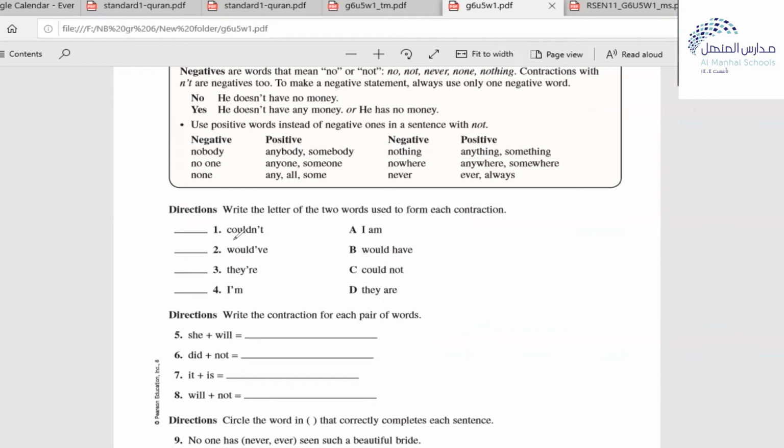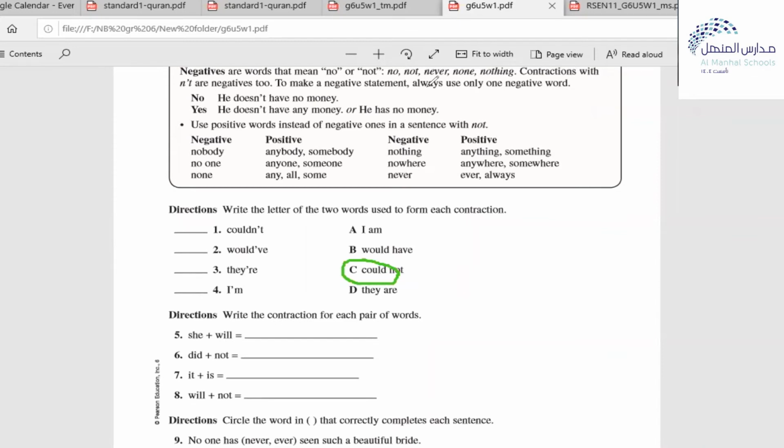The contraction is couldn't. So which two words are contracted for couldn't? The correct answer is C, could not for couldn't.